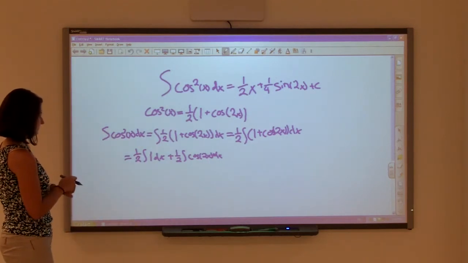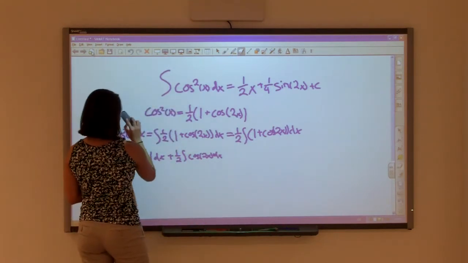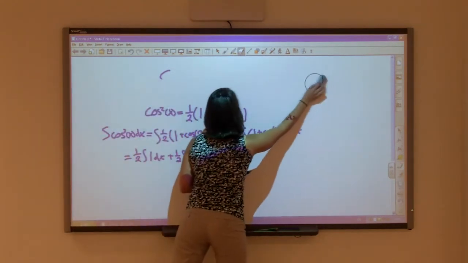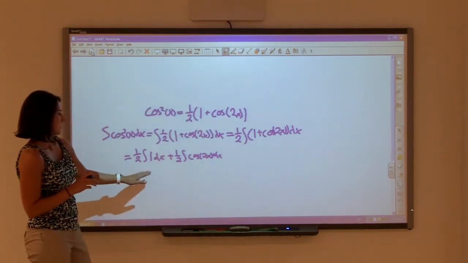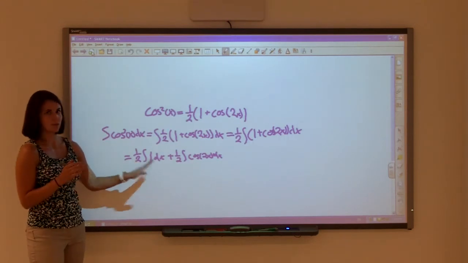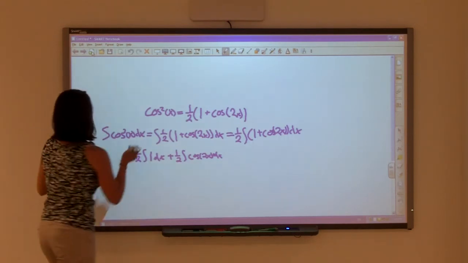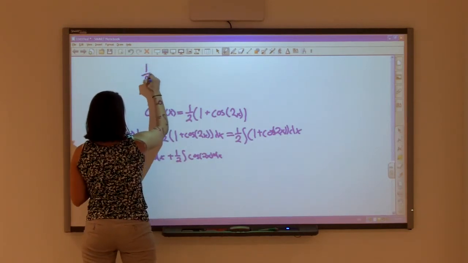Now we're going to solve. One half the integral of 1 dx is just simply 1/2 x.